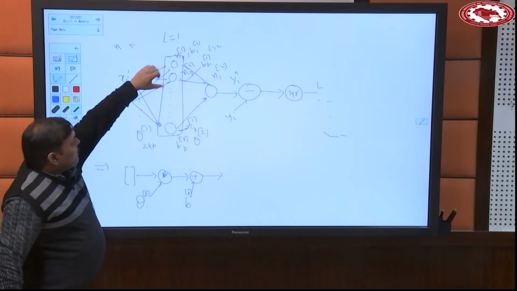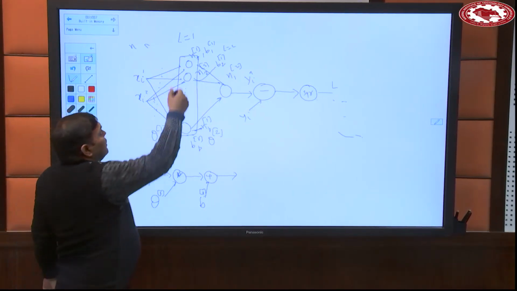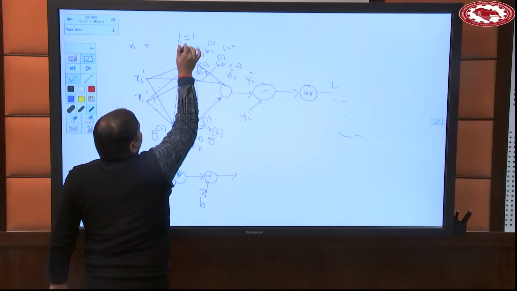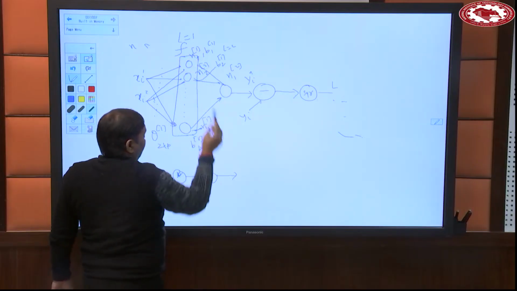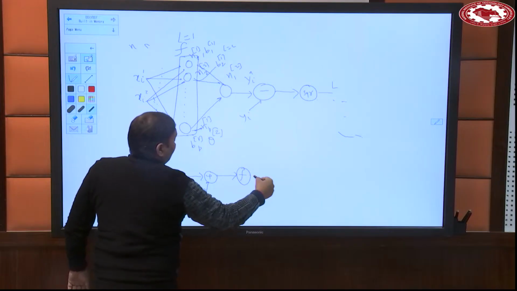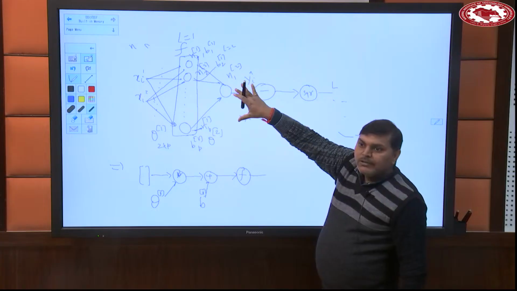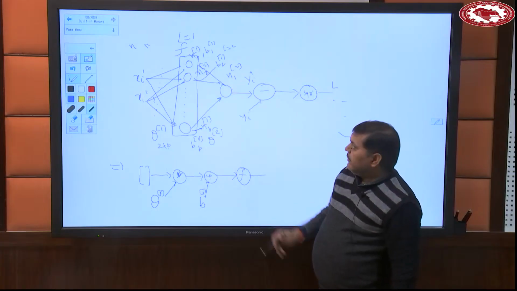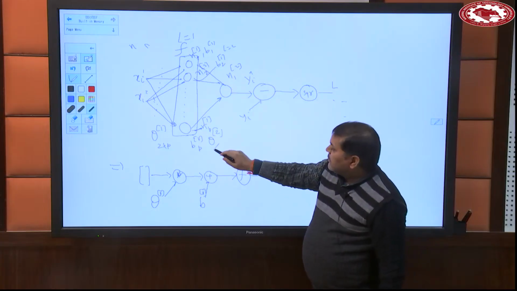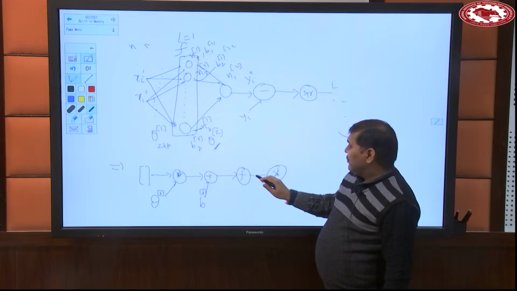You have computed up to this part, so the output you will get here. Maybe some nonlinear activation you might have here, which I am writing as some function f. Pass this through f. Whatever activation output you are getting, you have to multiply with theta 2. You have a multiplication operator here, and this is also a vector.